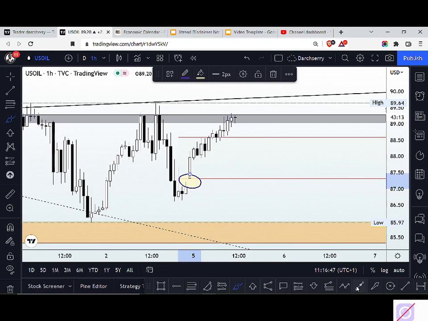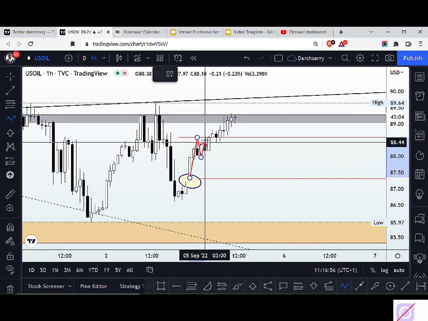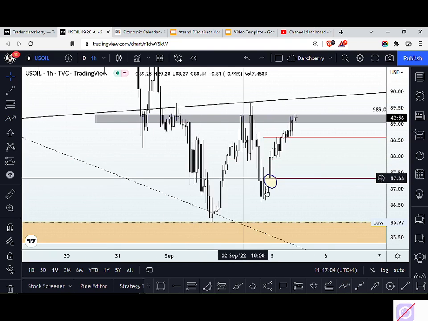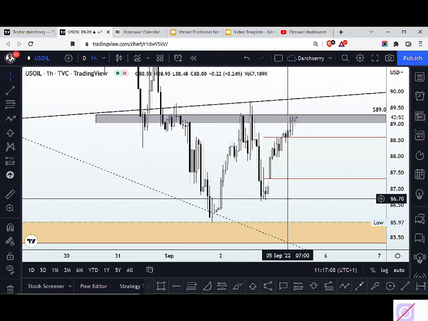Since then, we've been seeing this engulfing candle that took price right to the $88.50 area. We saw something like a consolidation phase here, then a breakout of that area at $88.50. So since the beginning of the week, we have been witnessing bullish momentum, giving us a clue into how participants are thinking at this point in time.